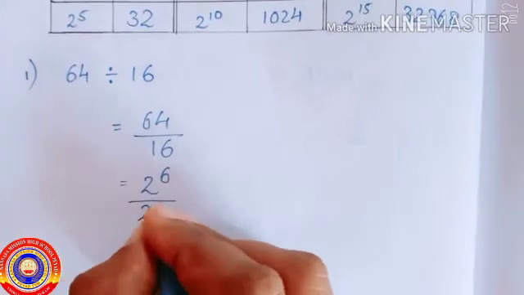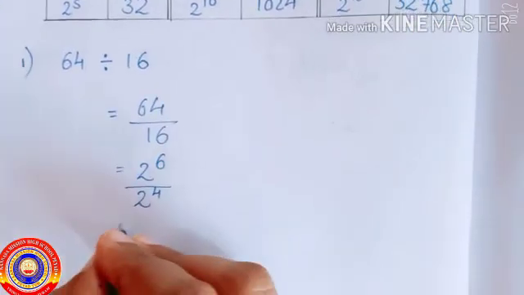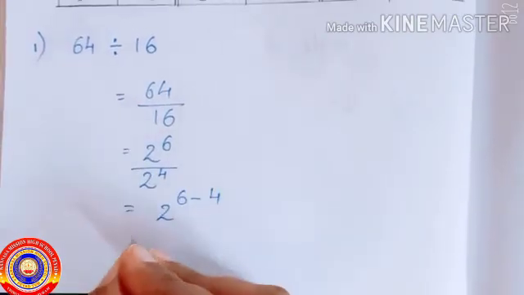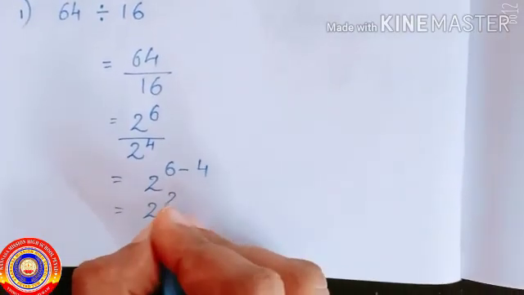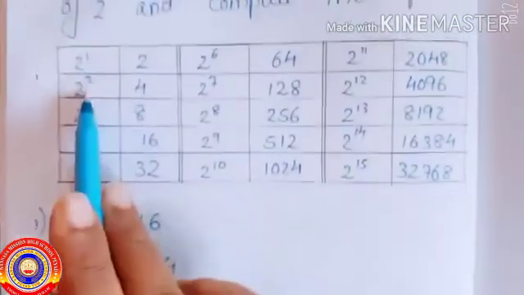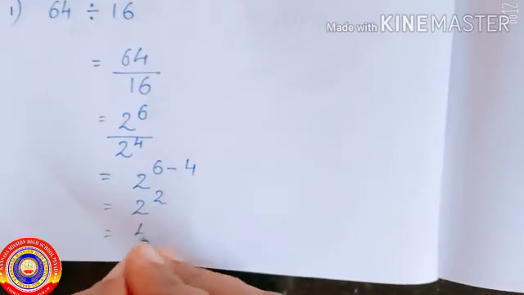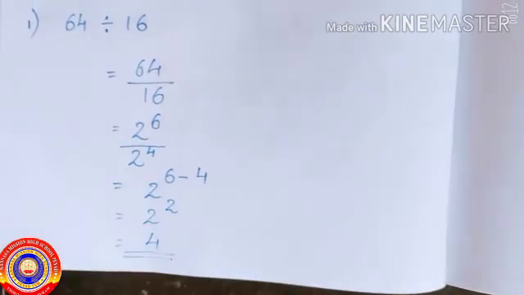So, divided by 2 raised to 4, which is equal to 2 raised to 6 minus 4. 6 minus 4 is 2, so 2 raised to 2. 2 raised to 2 is 4. So, the answer is 4.